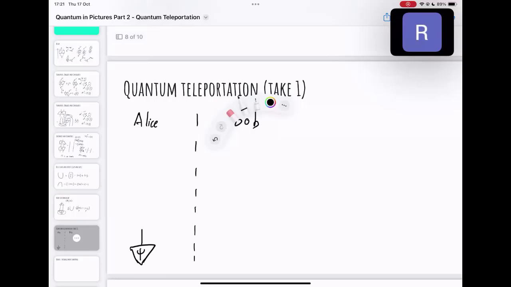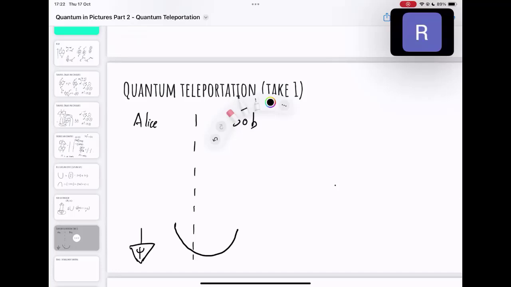Fortunately, the quantum teleportation protocol tells us that if Alice and Bob share the maximally entangled state, known as the Bell state, that I've drawn here, then it's possible, with some work on Alice's side, to transport this quantum state to Bob. How would you do this?